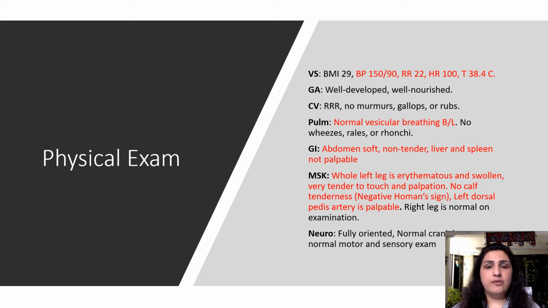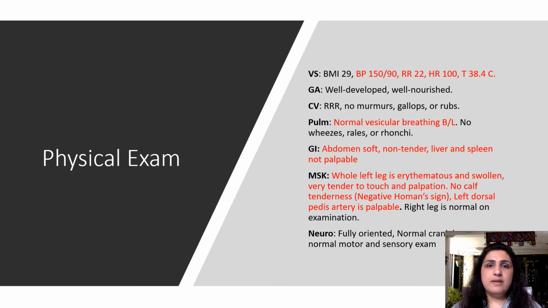Bilaterally. I just wanted to point out here that I have highlighted both the pertinent positive and the pertinent negative findings that are important for this patient's symptoms. So that's why I've highlighted the normal vesicular breathing here. Other than that, he didn't have any added pulmonary sounds also. His abdomen was soft, not tender, and liver and spleen were not palpable.